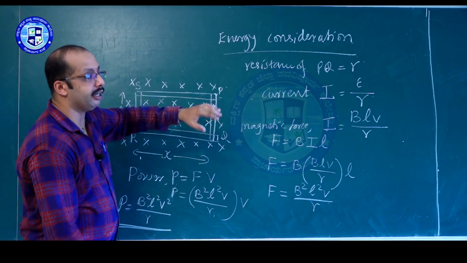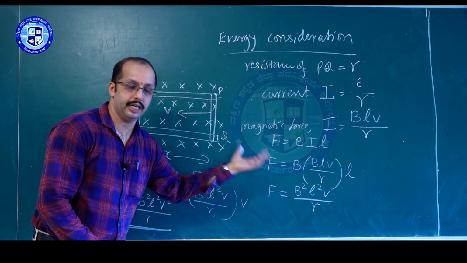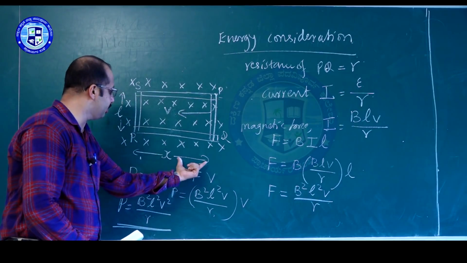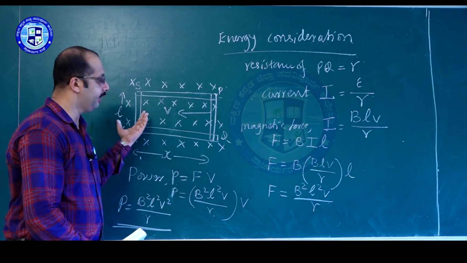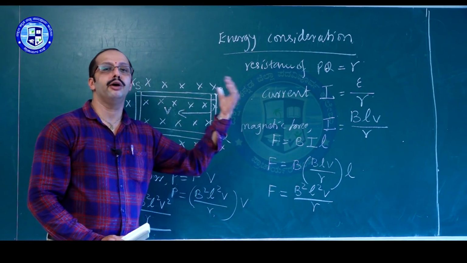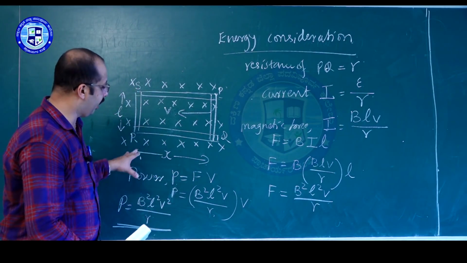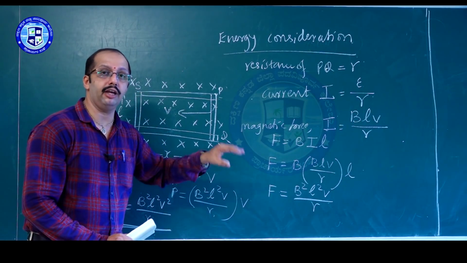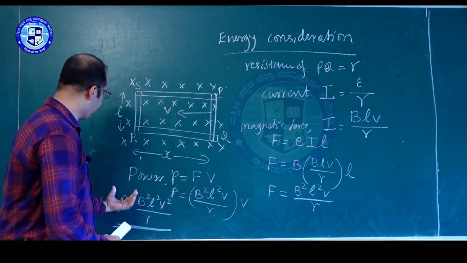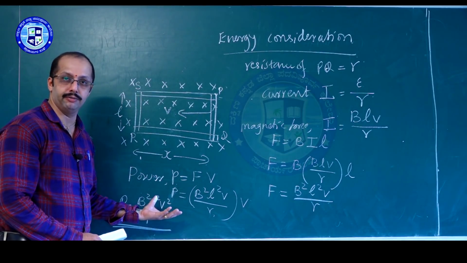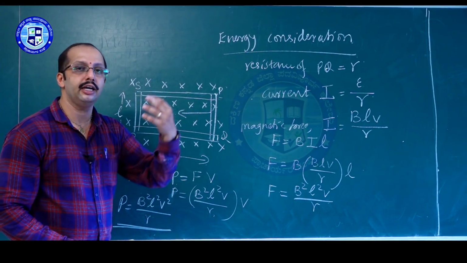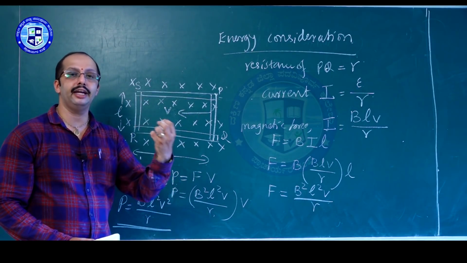The kinetic energy of the conductor moving in the left direction is converted into electrical energy, and that electrical energy in turn is converted into heat energy, the joule heat. So power dissipation is nothing but the heat energy developed.